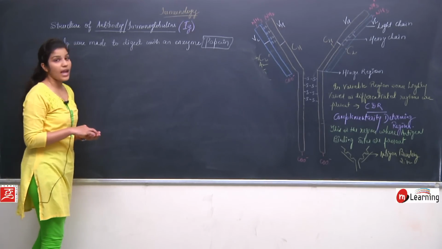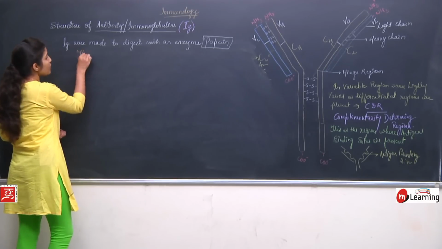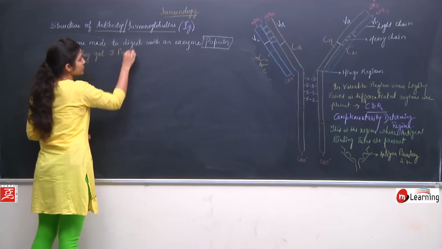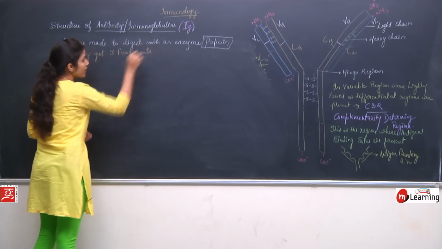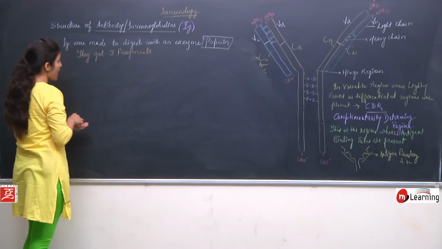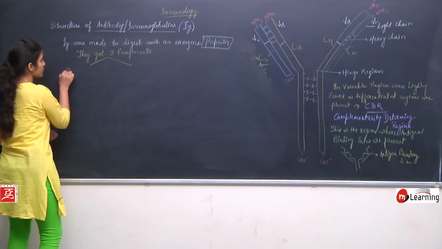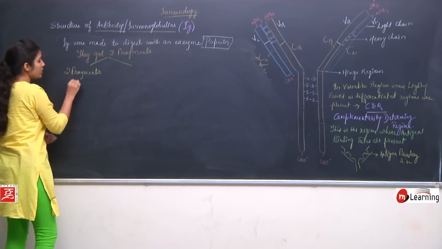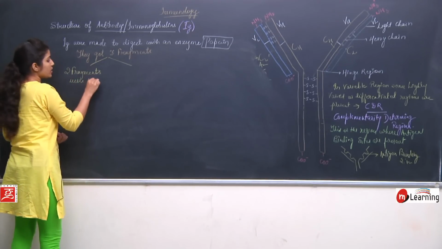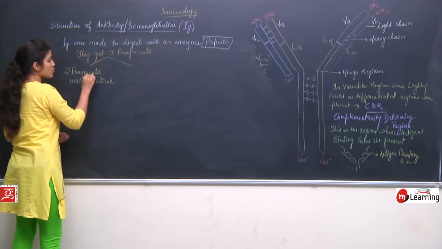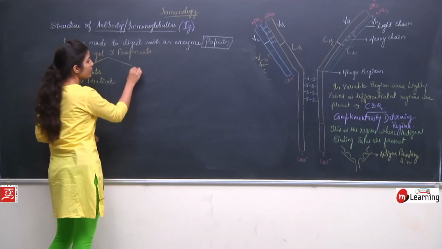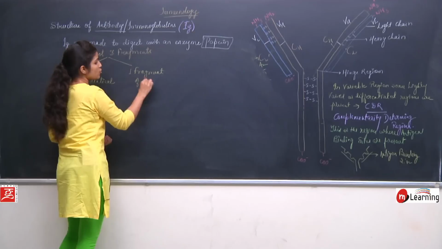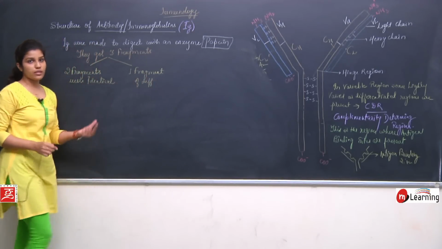When they digested this antibody, they got 3 fragments. 2 fragments were identical and one was different.